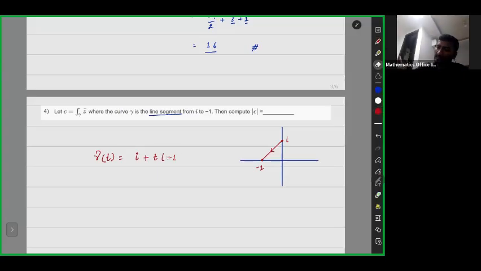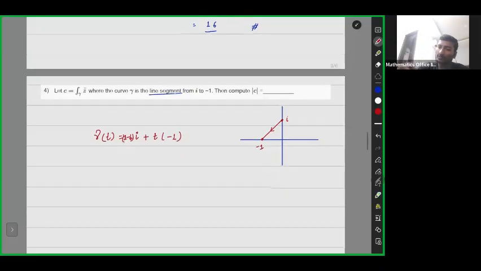In this case, we have 1 minus t with i here and t with minus 1. So when you see here, this is a linear equation, so it represents a line. Moreover, when t is equal to 0, this part becomes 0 and this gives us i. When t is equal to 1, the left part becomes 0 and this gives us minus 1.